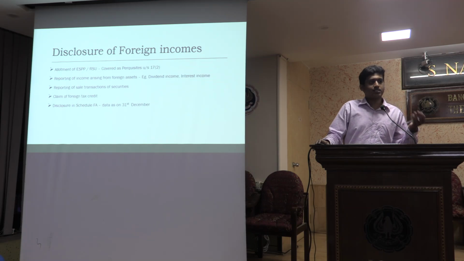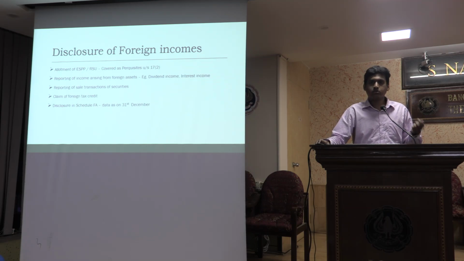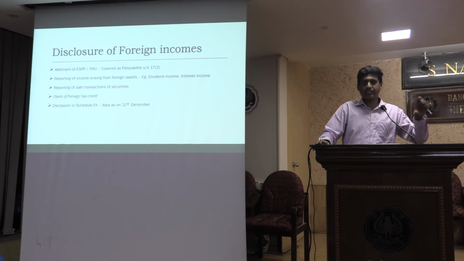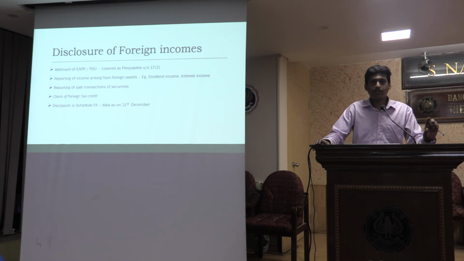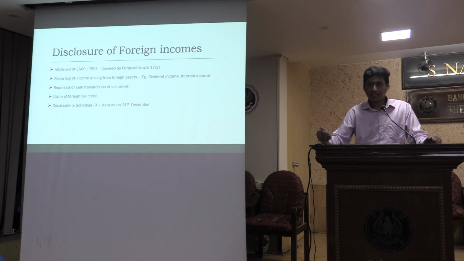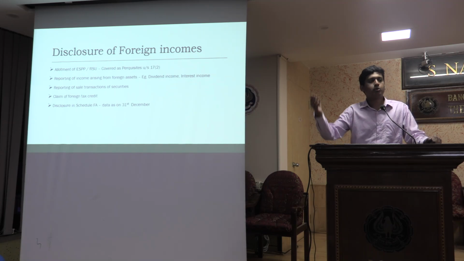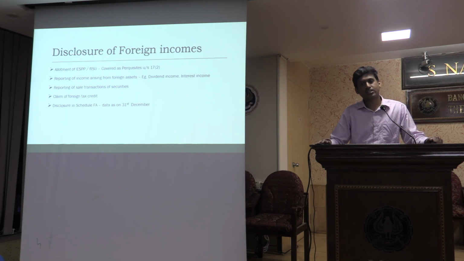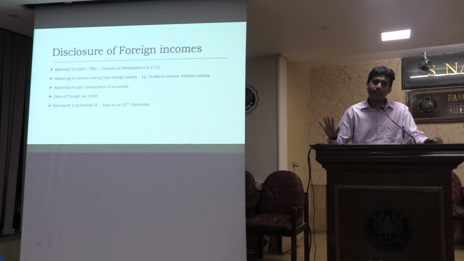But just in case a scrutiny comes up in the future, this particular reconciliation table that we have prepared will come in handy, and we can show that even though this entry is not reported in the current year's income, we have already reported it in the past year's income, because computation of tax in India happens on a financial year basis and Schedule FA happens on a calendar year basis.